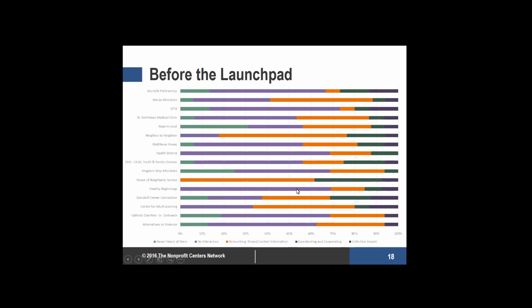The orange band is, well, we know folks there, and we'll network and we will share information. Green, the darker green, is we actually coordinate services. We cooperate with one another and we'll change our behavior to accommodate the other entity. And then this dark purple is the collective impact band. These are ones where we are actively sharing risk and reward.